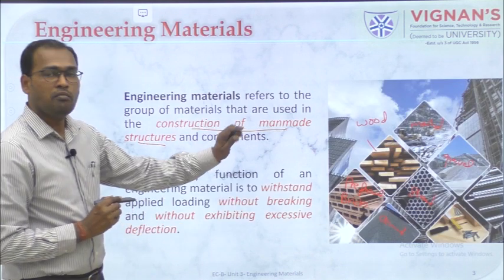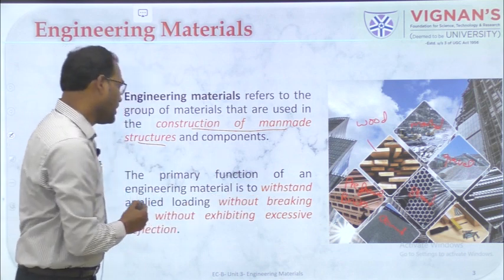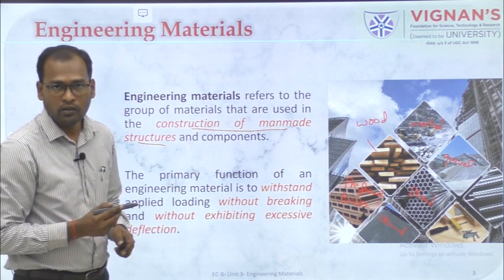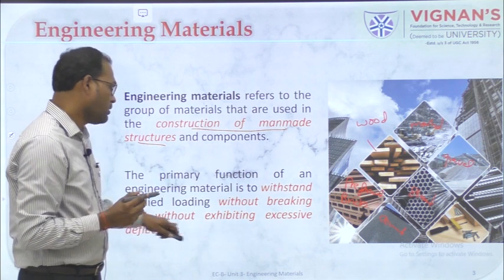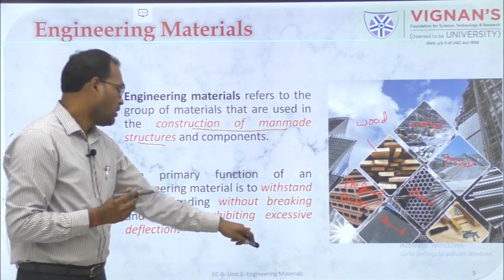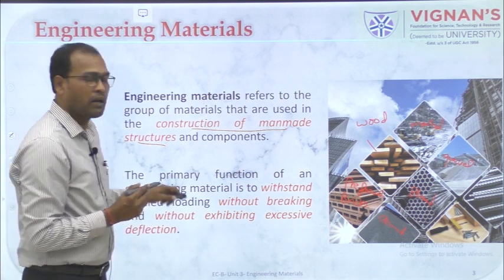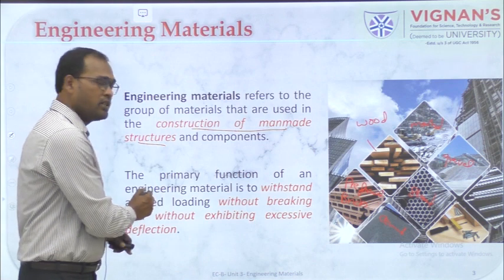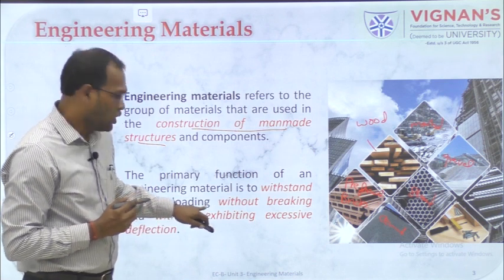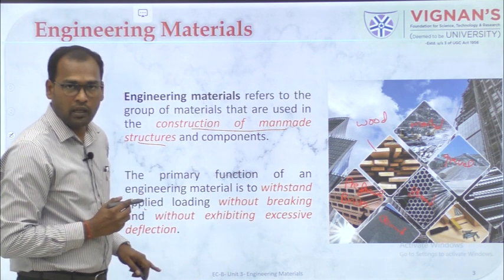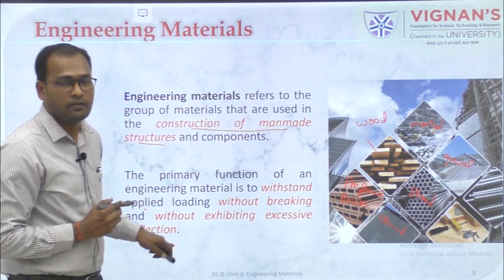And the main function of these engineering materials is to withstand the applied load, so that it cannot break or exhibit excessive deflection. So, the primary function of an engineering material is to withstand the applied load without breaking and without exhibiting excessive deflection.